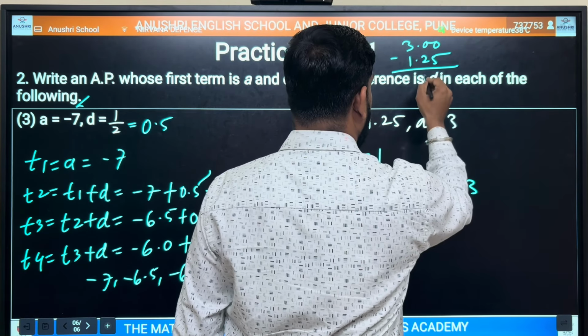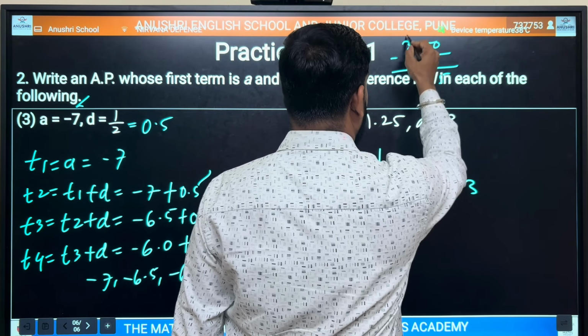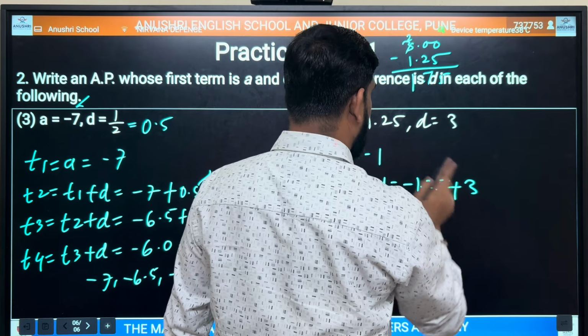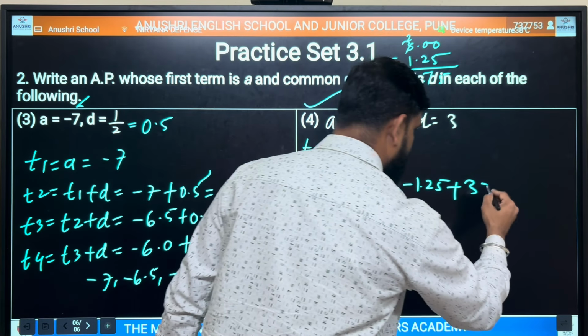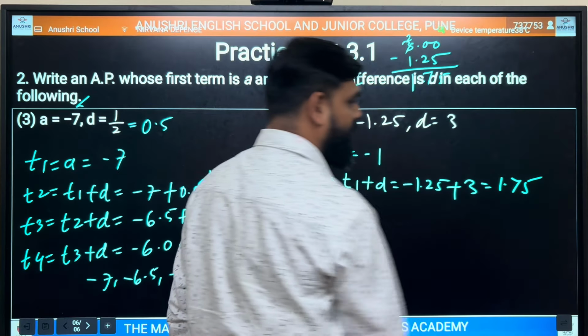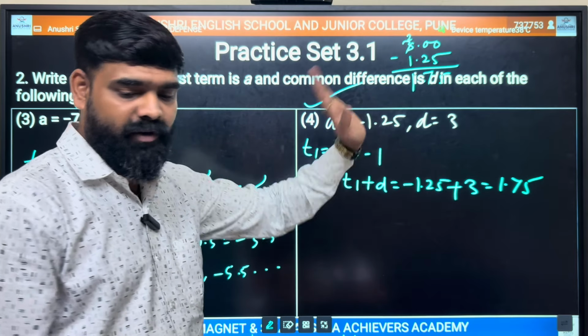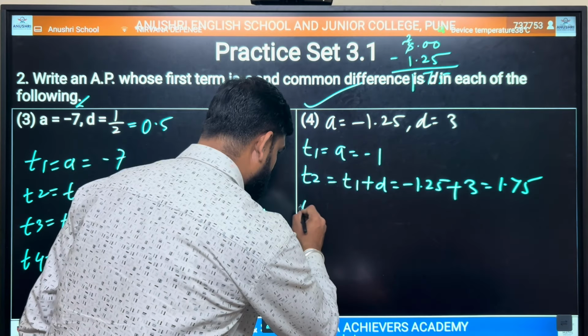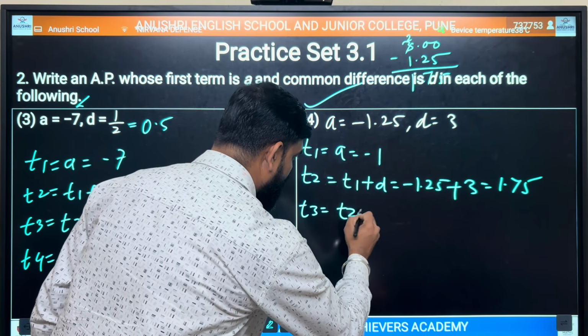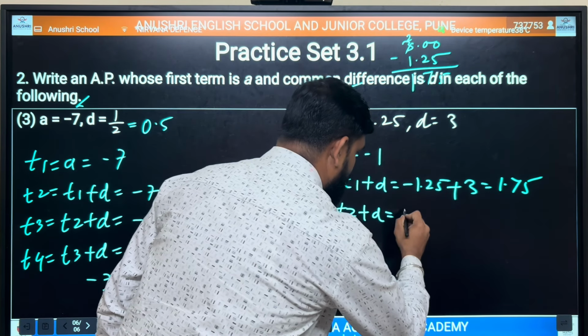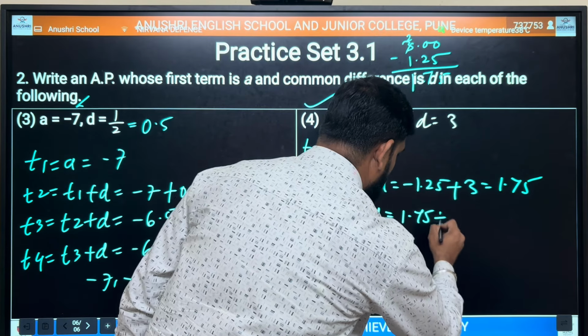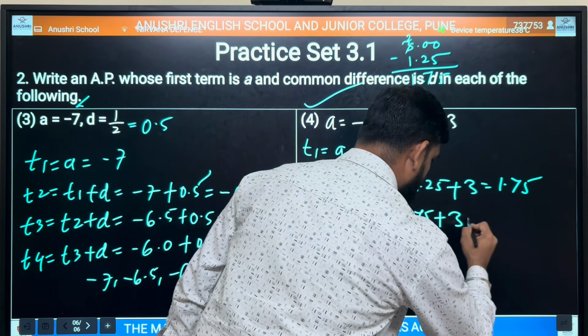So we are having here 75 and 2 minus 1, so 1.75. The second term will be 1.75. Let us find the third term. T3 is equal to T2 plus D. 1.75 plus 3.